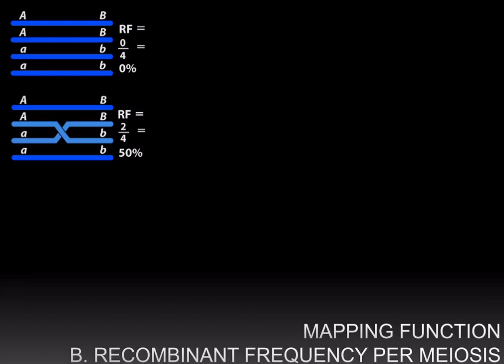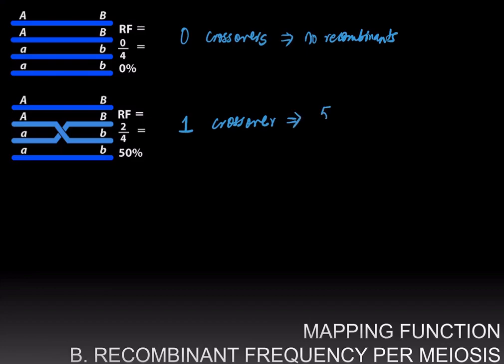So if you have zero crossovers, no crossover has occurred, then evidently there are no recombinants in a given meiosis. If you have one crossover, then you have 50% recombinants.